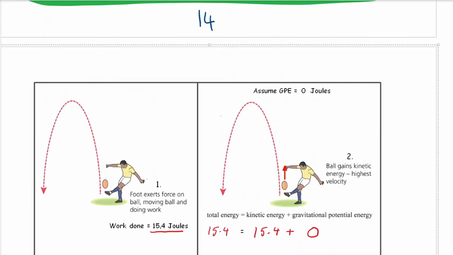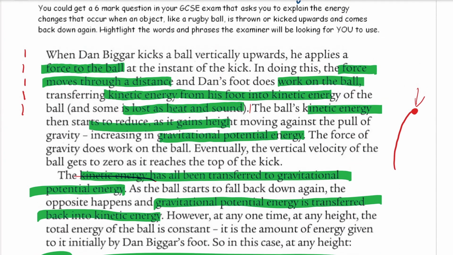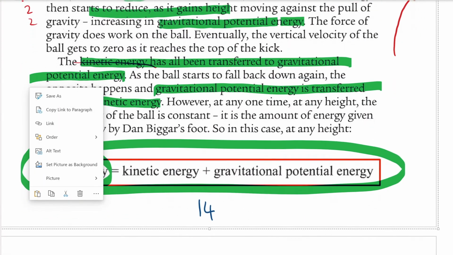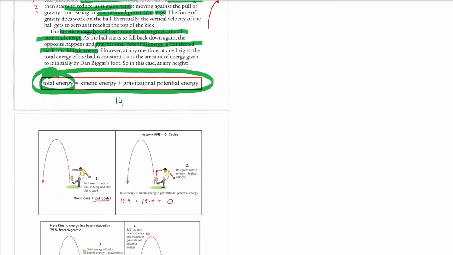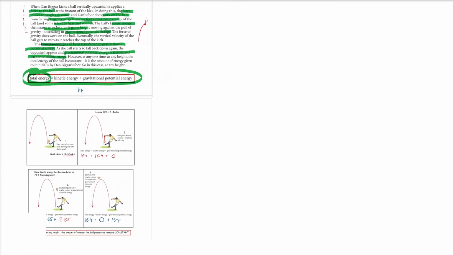Can you make sure though you do go back to here and you label each line, this is going to be 2, 2, just so you show how this paragraph at the top there links to these pictures.